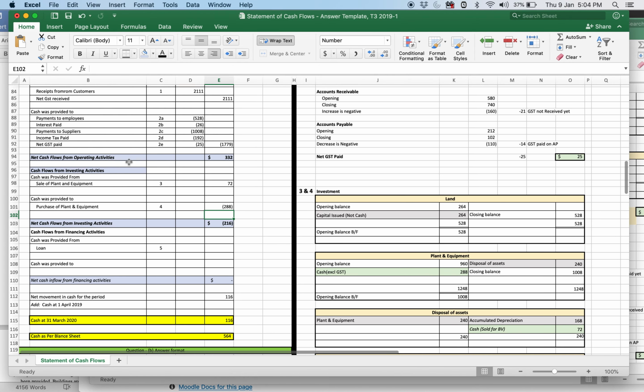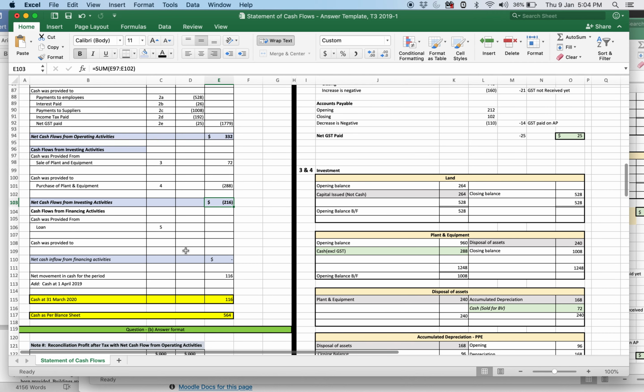So cash flow from investments is negative 216,000. It's only going to be positive if you're selling more fixed assets than you're buying. So in the general case of a growing business, it's normal to have positive cash flow from operations and negative cash flow from capital items, and then there's the cash flow from financing activities.